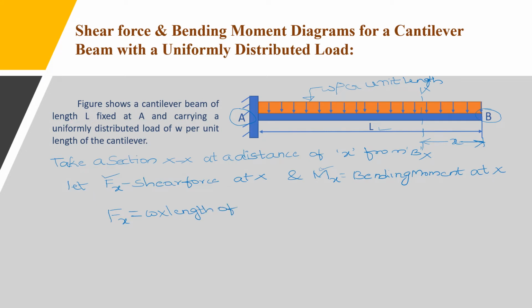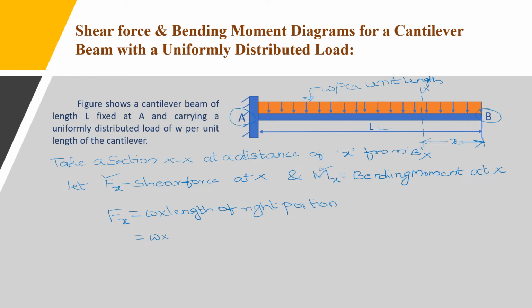Here the length of the right portion is X. So the total Fx is W into X.